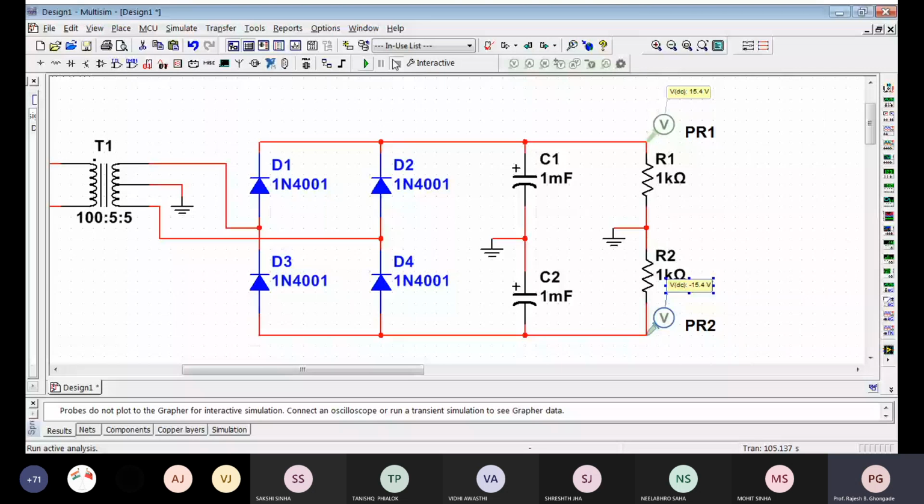We have seen the Lissajous pattern for calculating the phase difference between two signals. And lastly, we saw a very rough, crude design of a dual polarity power supply, which we will be using extensively for operational amplifiers. So this was basically to orient you towards how to use Multisim with this particular course.